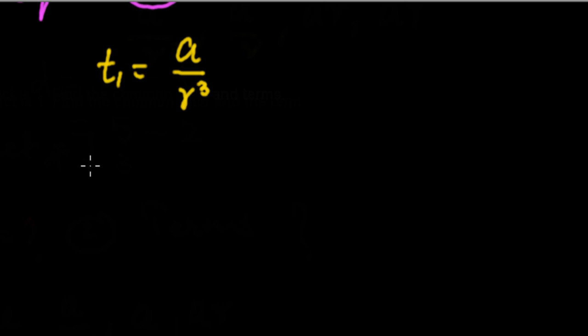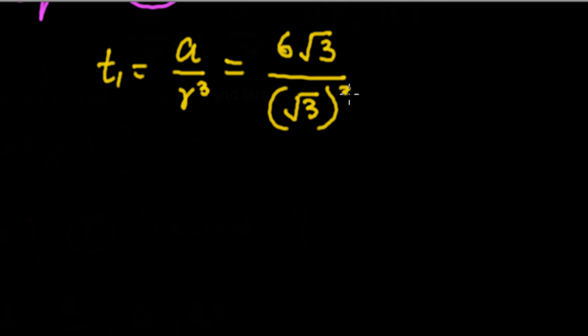A is 6 root 3 and R is root 3, so root 3 power 3. So it is 6 by 3, which is equal to 2.